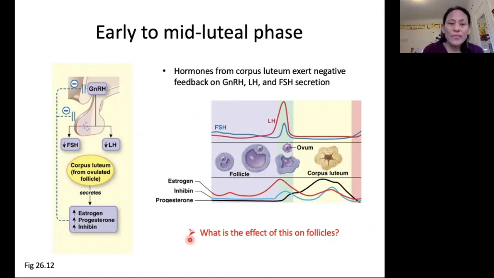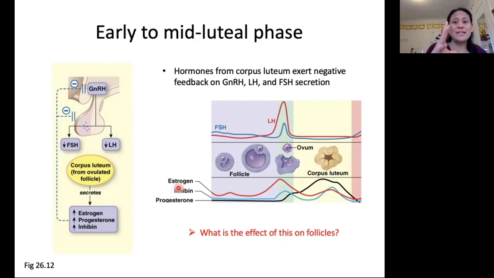Okay, so hopefully you remember that in the follicular phase, we had our FSH and LH stimulating follicle development. Here, since we are not getting FSH and LH secretion, or at least we're greatly down regulating it, we are not stimulating follicle development. And the idea here is that we just ovulated, right?